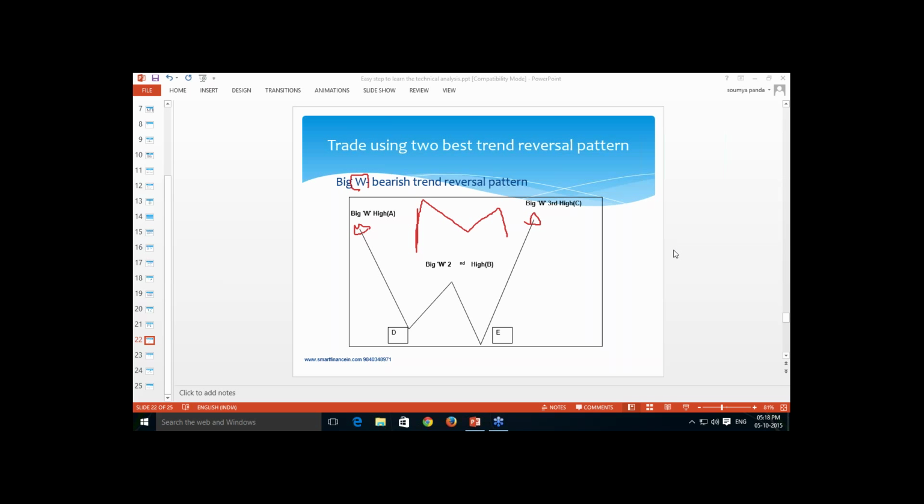What is that? Whenever this pattern is being formed, first you need to look at the first part of the pattern formation.